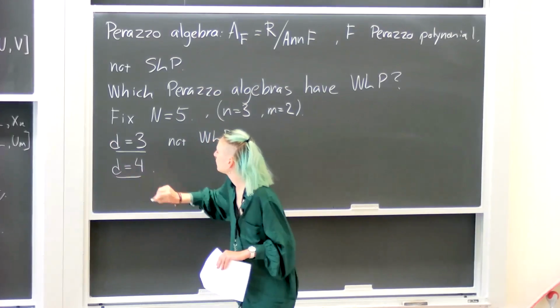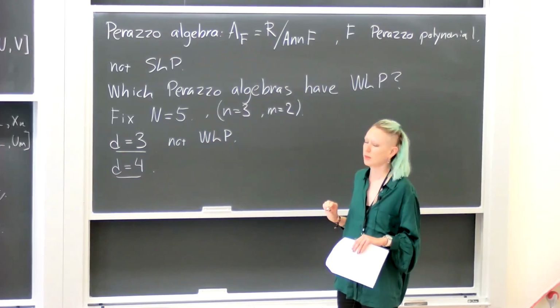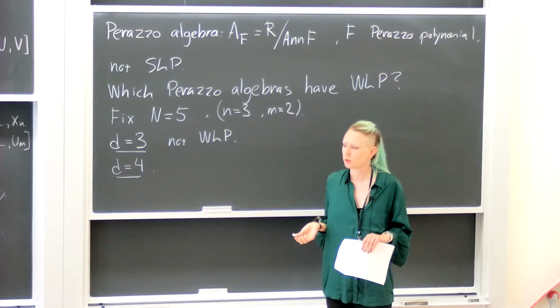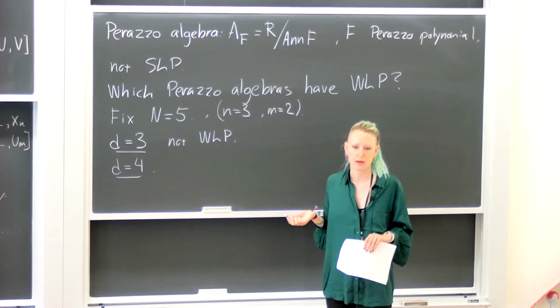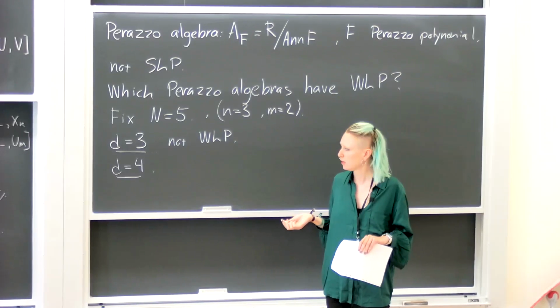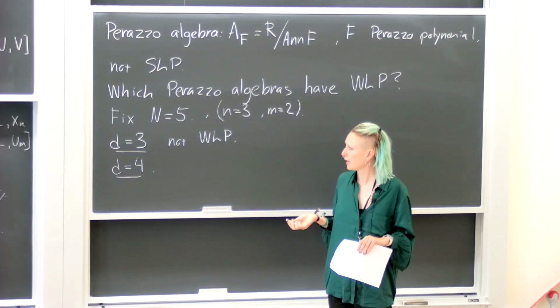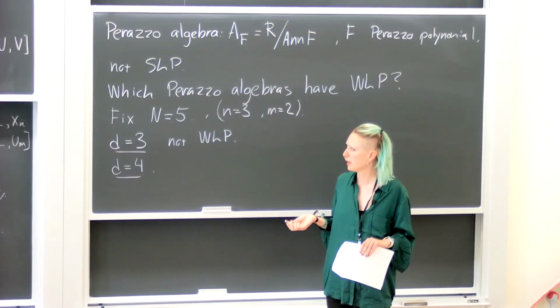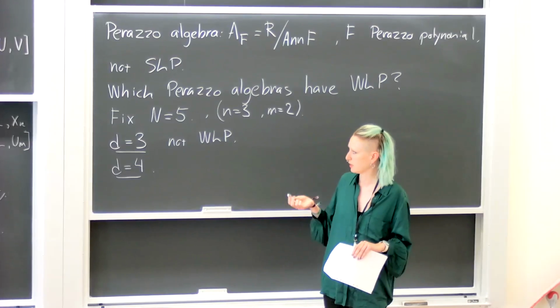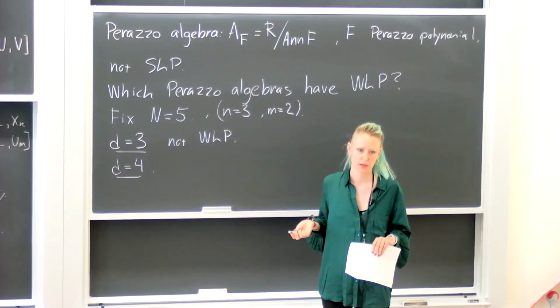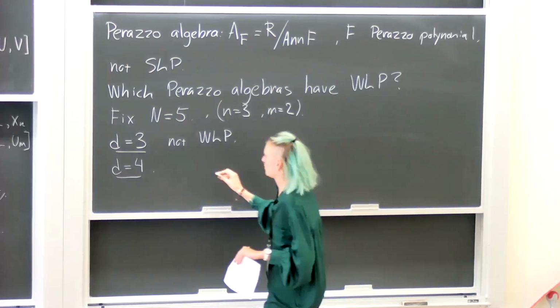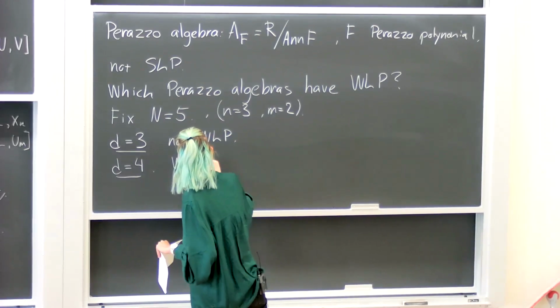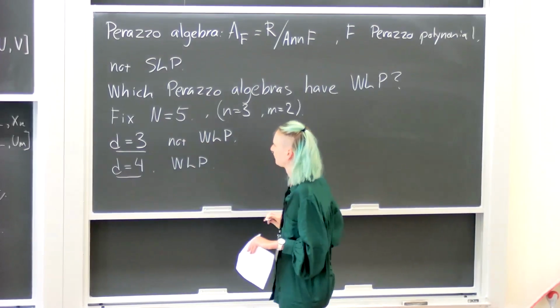If we go to degree 4, then thanks to a result by Rodrigo Gondim, we know that they have the weak Lefschetz property. Actually, the result is for all Artinian-Gorenstein algebras in 5 variables and Sokal degree 4. So here we have WLP.